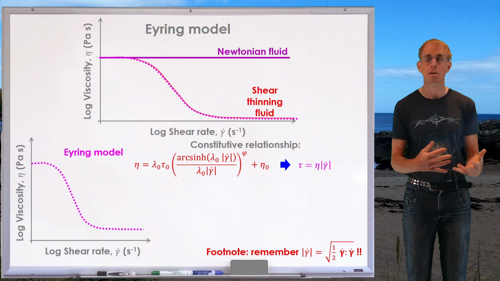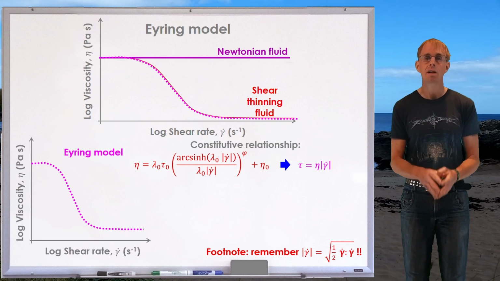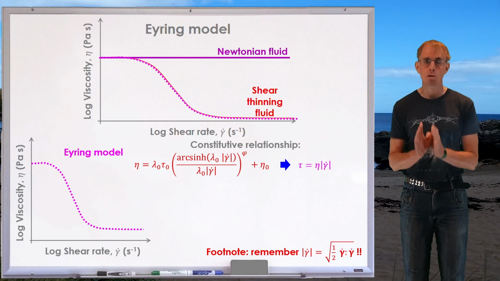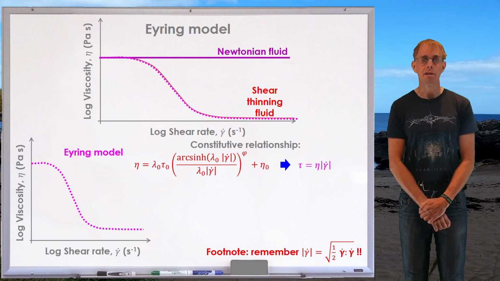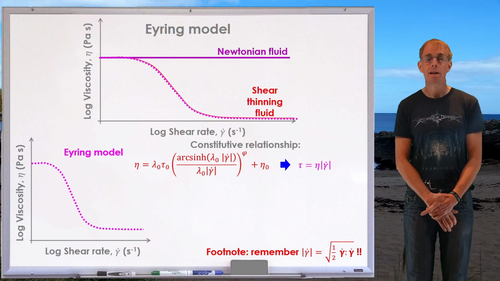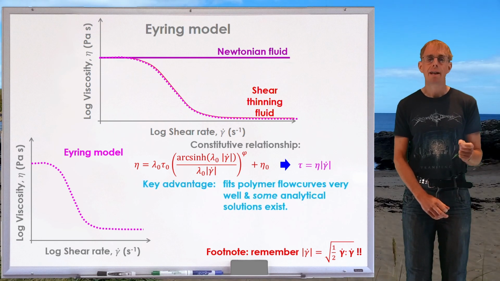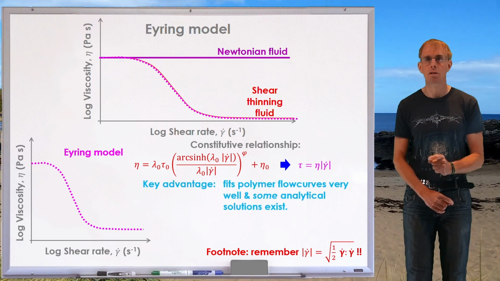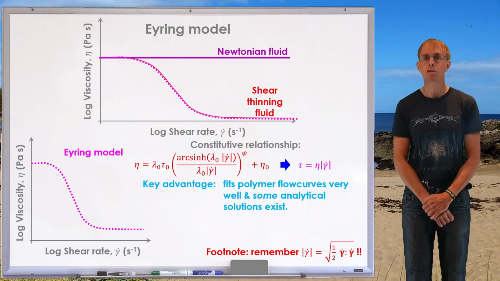And so again, we can simply write that our stress tau is that varying viscosity eta multiplied by the modulus, or the size of, my shear rate tensor. So there we have that constitutive relationship. Now, in terms of an advantage, why use Eyring over Carreau-Yasuda, is that there are some analytical solutions that exist for the Eyring model. And we'll have a look at those in a second.